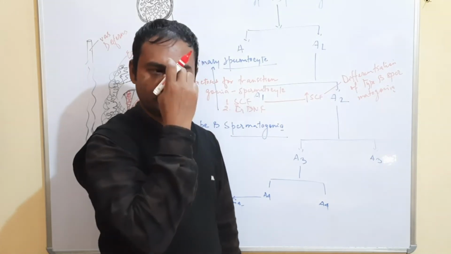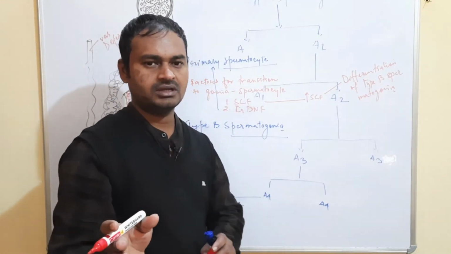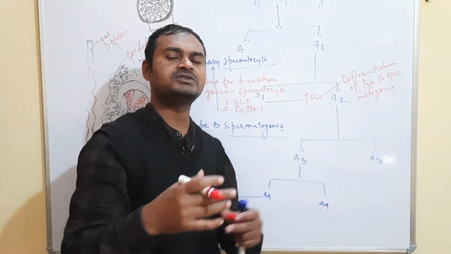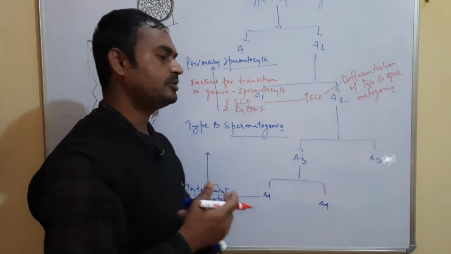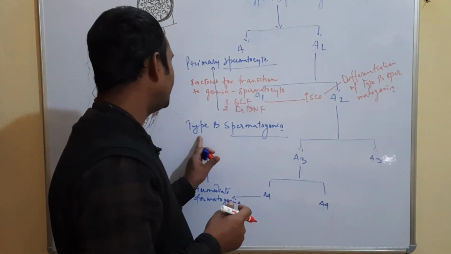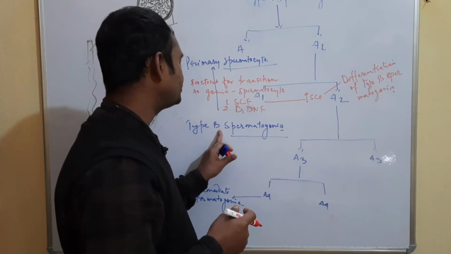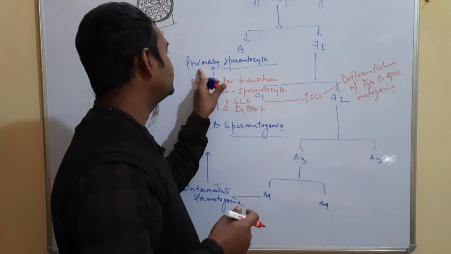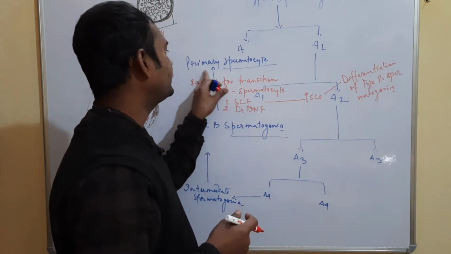But the most important thing is that there should be an equal balance for the formation, or you can say the turnover, of the spermatocyte and the spermatogonia. Suppose there is an unequal balance between the formation of the spermatogonia and the differentiation of the spermatogonia to primary spermatocytes.